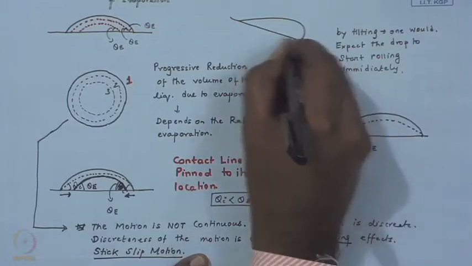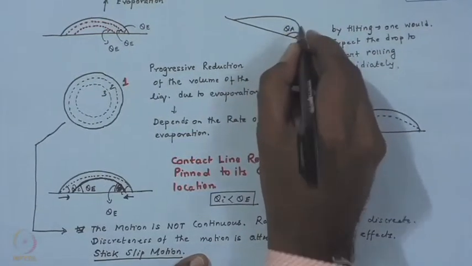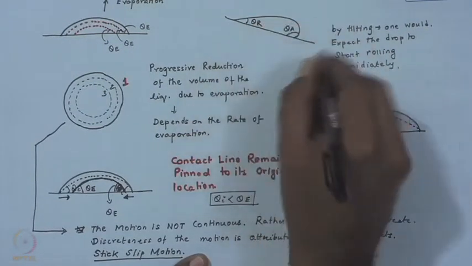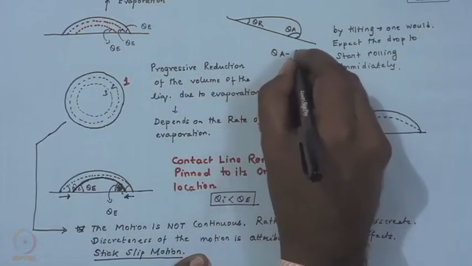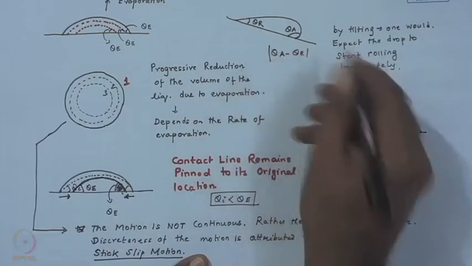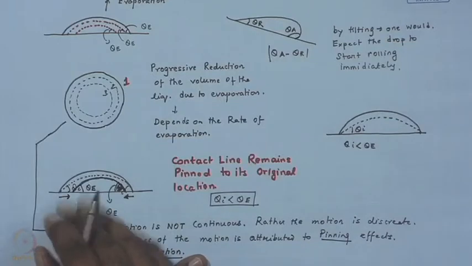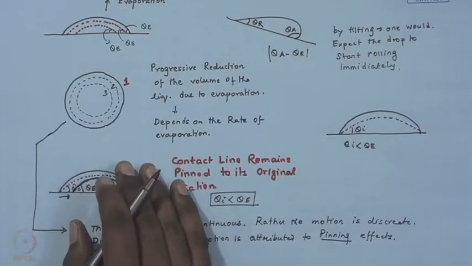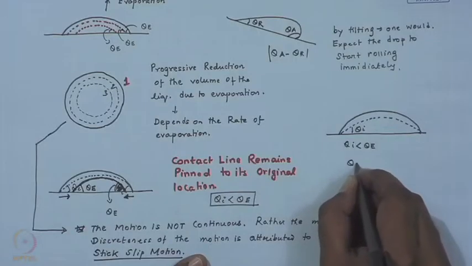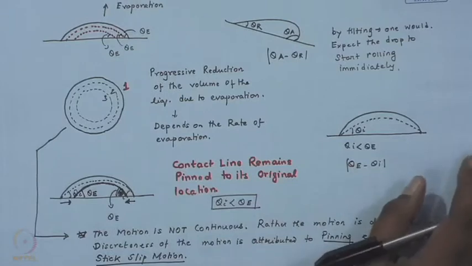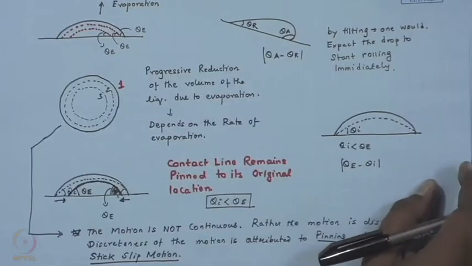So, unlike the rolling or sliding movement of a droplet on a macroscopic tilted surface, which depends on the difference of theta A and theta R, here there is a critical difference between theta A and theta I, after which the drop starts to move.